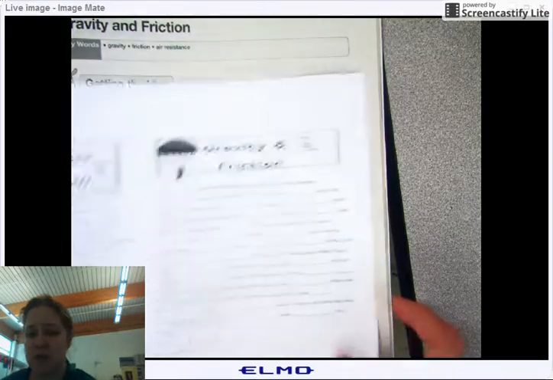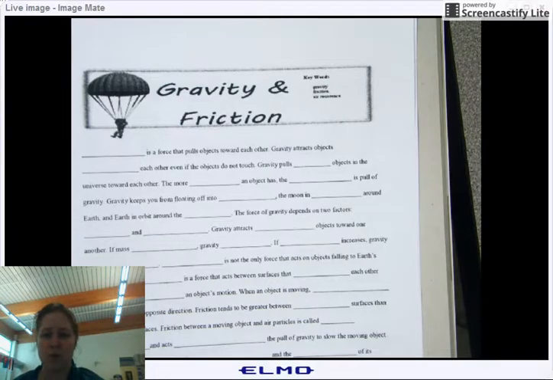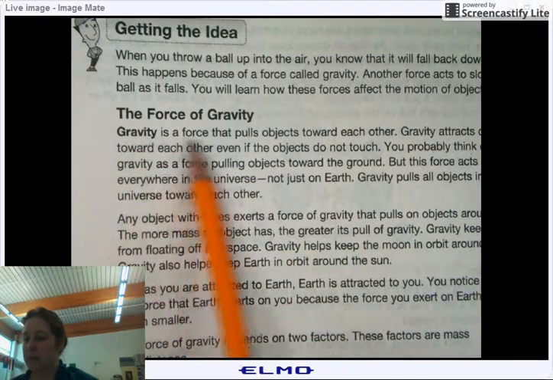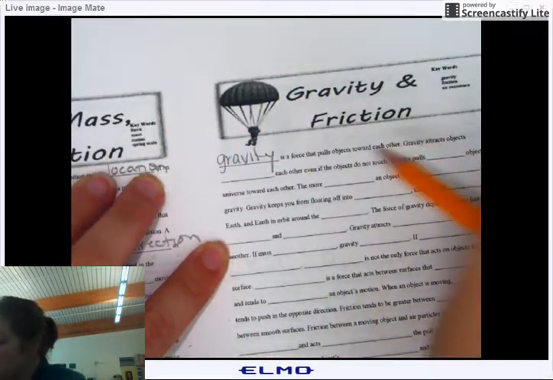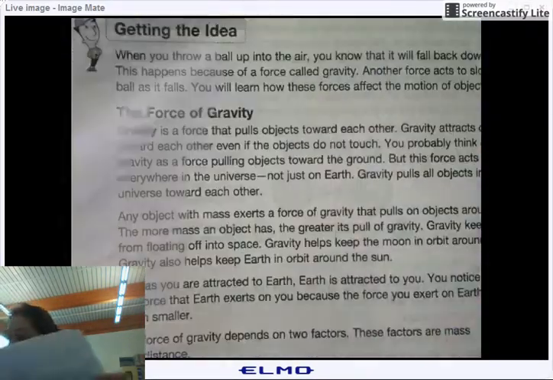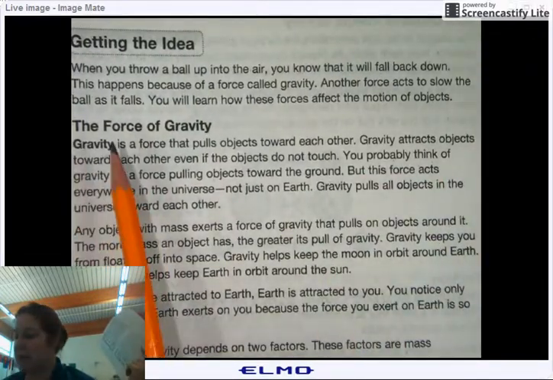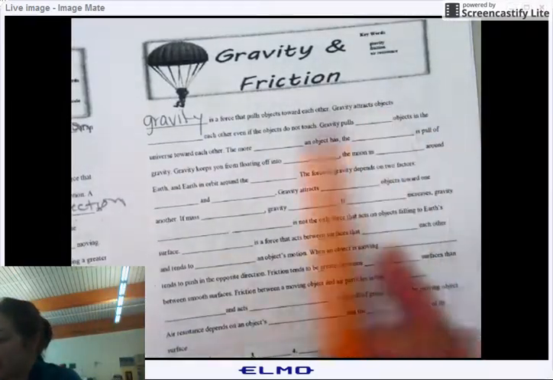Gravity pulls all objects in the universe towards one another. Let's see if we can answer any questions here. It says, blank is a force that pulls objects towards one another. So what did we say pulls objects towards one another? Yep, please put that in. It's gravity. Gravity attracts objects toward each other even if the objects do not touch.